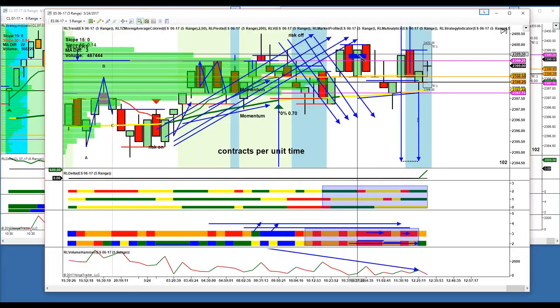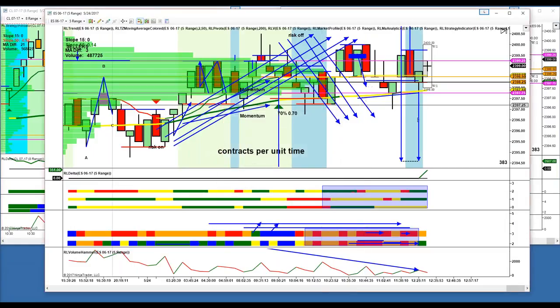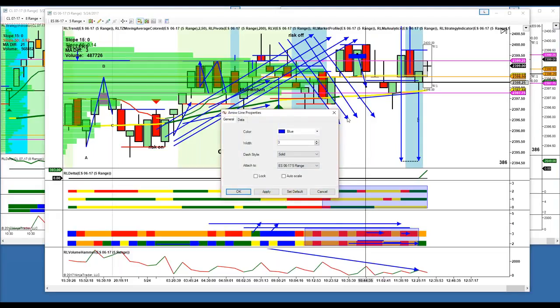When price came up, let's say price went down. Well, let me do it this way to make it real simple. I'm going to take this out.